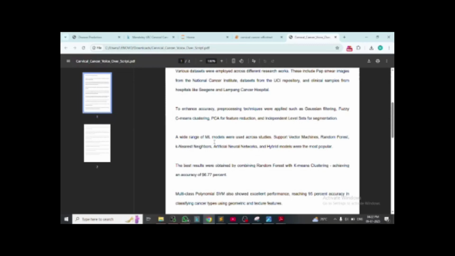A wide range of machine learning models were used across studies. Support vector machines, random forest, K nearest neighbors, artificial neural network, that is ANN, and hybrid models were the most popular.